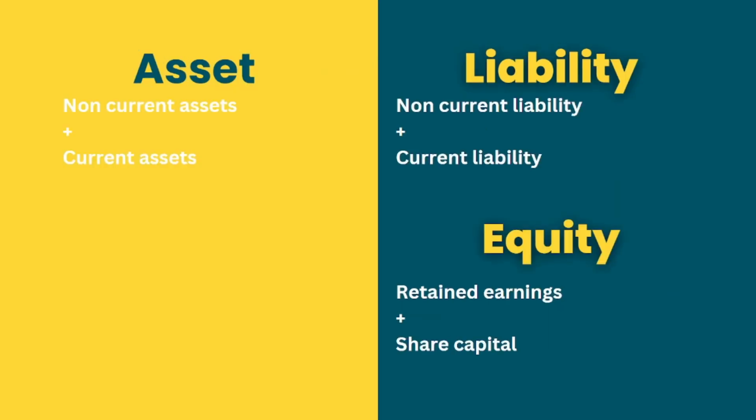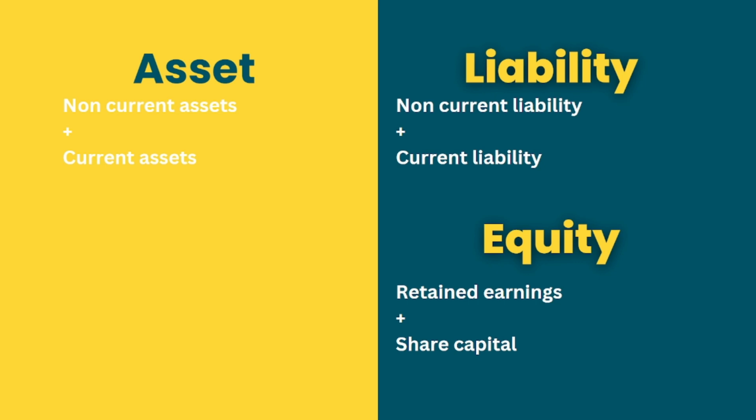So we will look at the components of the equation. When we check the asset side, we have non-current assets, which comprise tangible non-current assets and intangible non-current assets. Examples of tangible non-current assets are property, plant, and equipment.